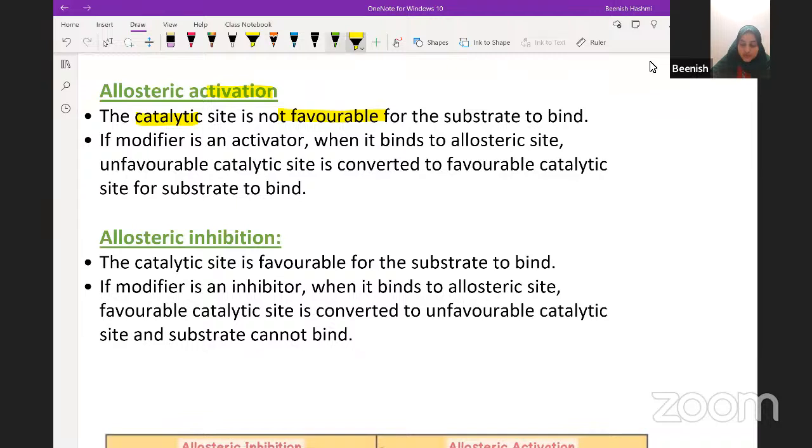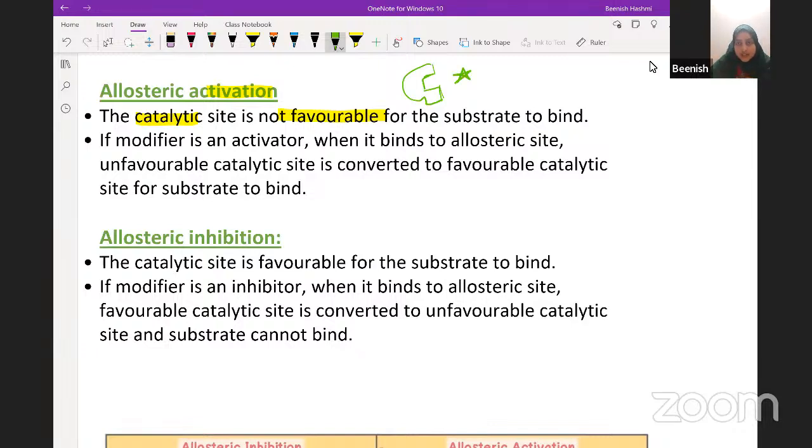Let's suppose this was your enzyme. Okay, and you can see that this enzyme has an active site which is in the form of somewhat a square. But this is your substrate.